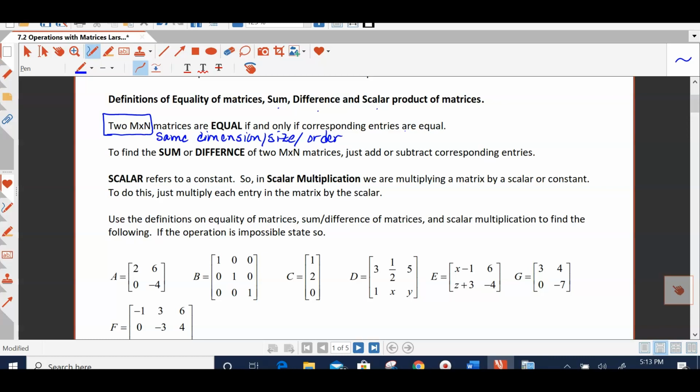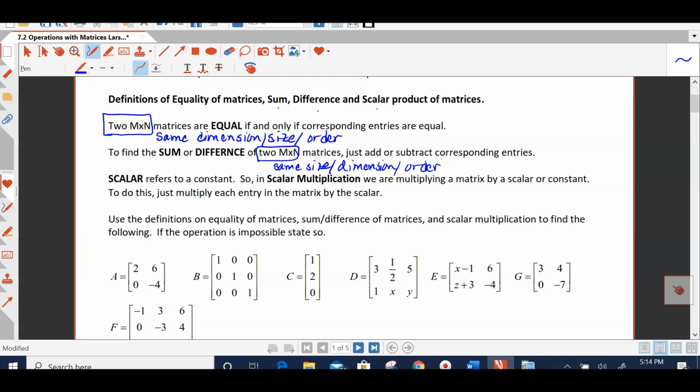Okay, now to find the sum or difference, guess what it says? I have to have two m by n matrices. You know what that tells me? If I want to add or subtract two matrices, they must be the same size or dimension, or as we said earlier, order. So if they're the same size, then to find the sum or difference, I'm just going to add or subtract corresponding entries.